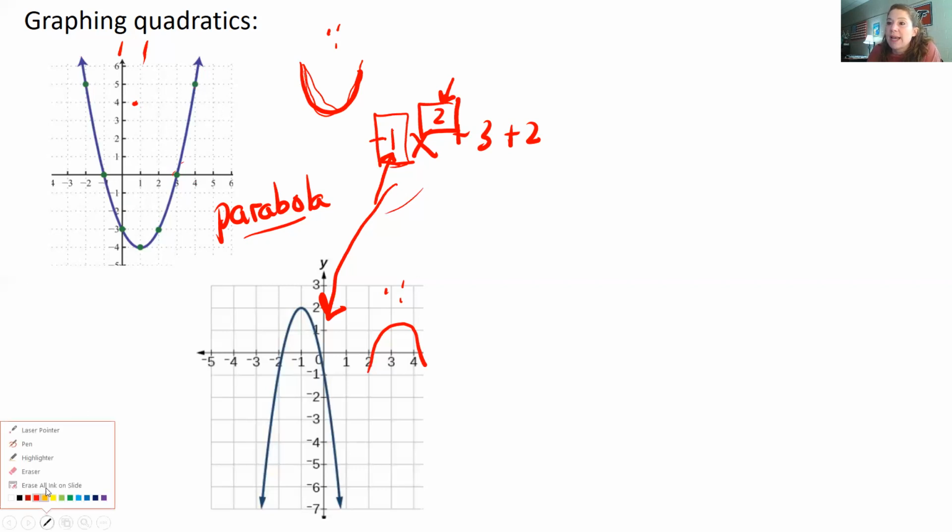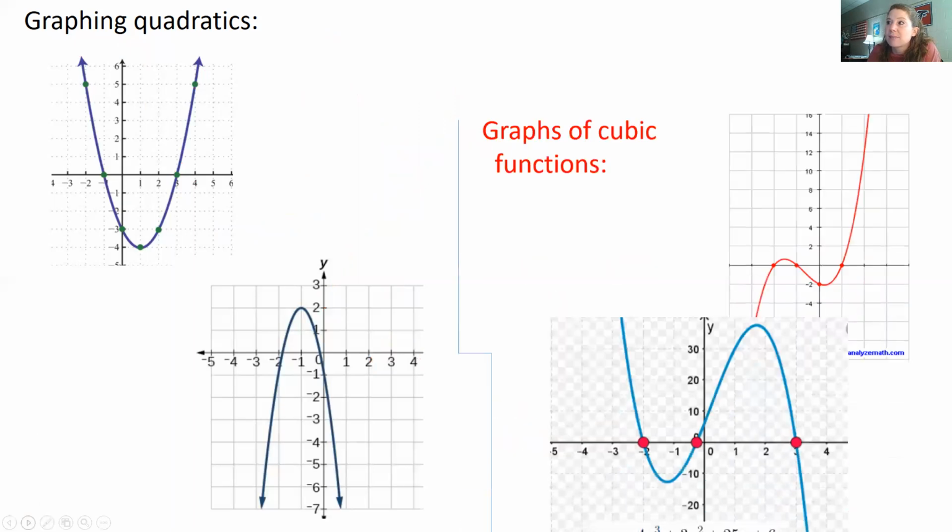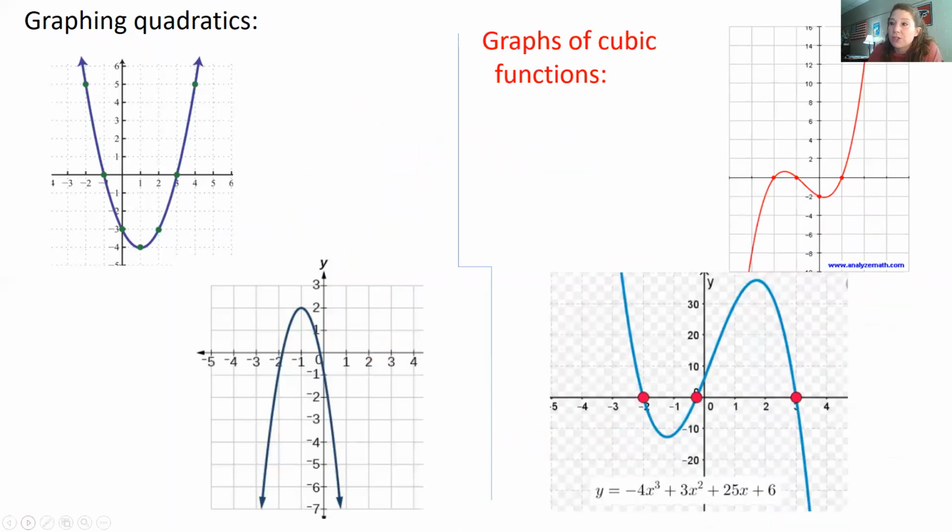But if you have a function that has the exponent of 3, you're going to get this funky little design, okay? Both of these are what cubic functions look like. Now, if you notice here, the bend can be small or it can be large, like this one is a lot bigger, right?